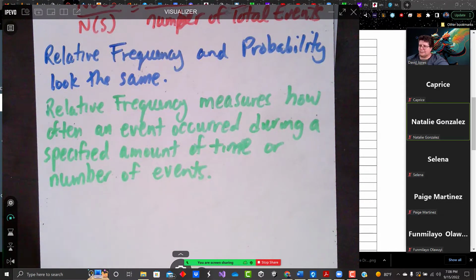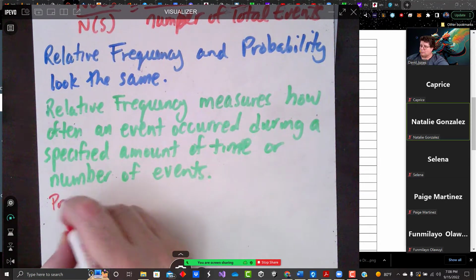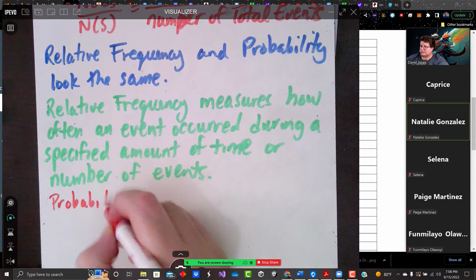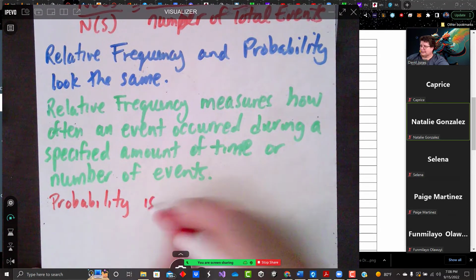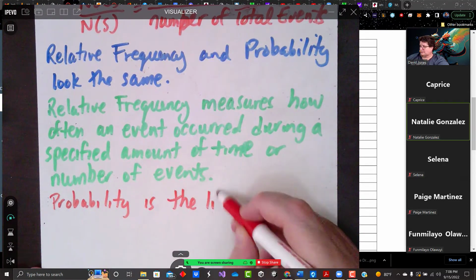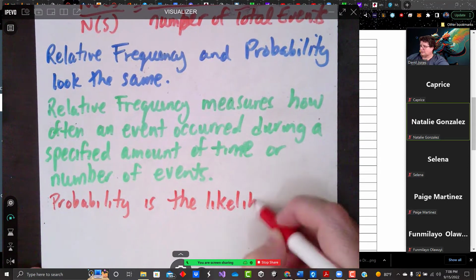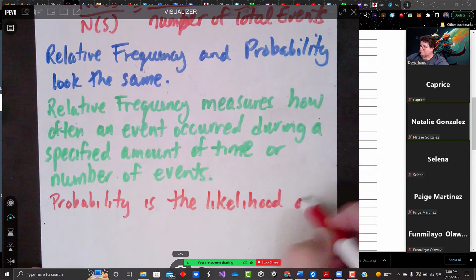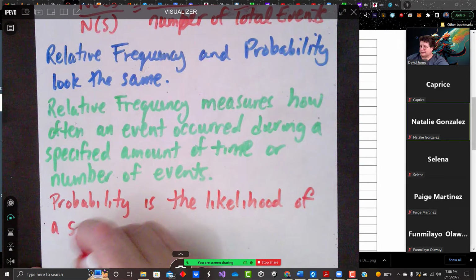It's something that's happened in the past. Probability is the likelihood of a specific event happening in the future.